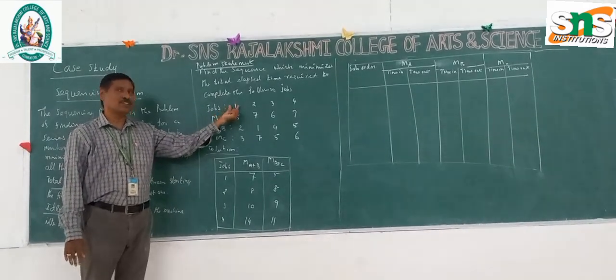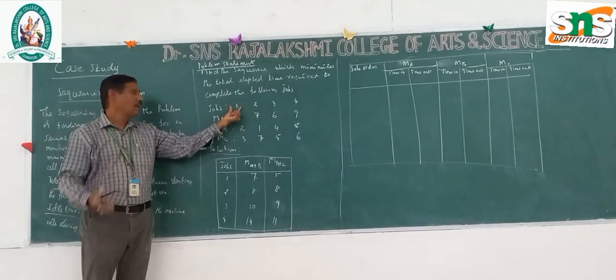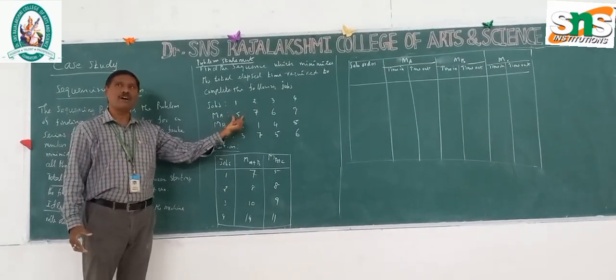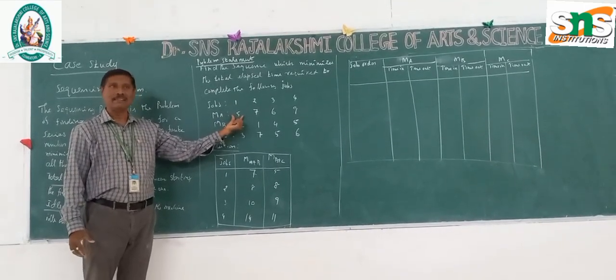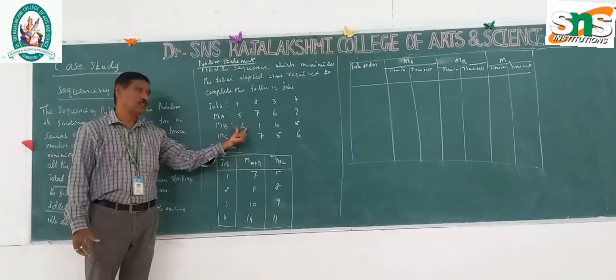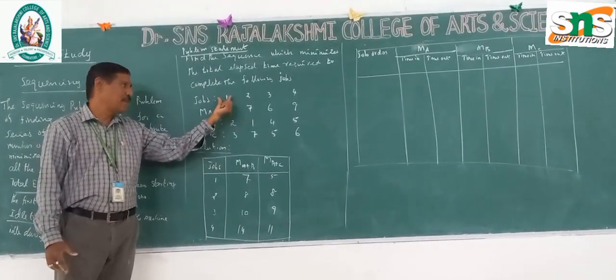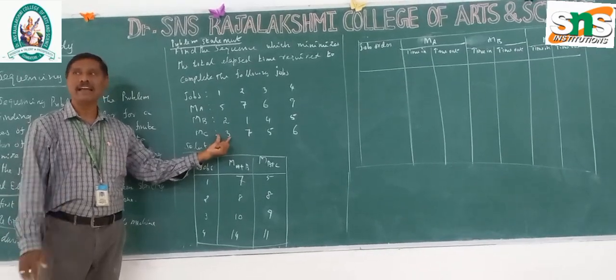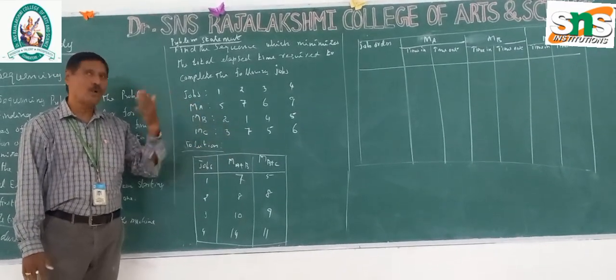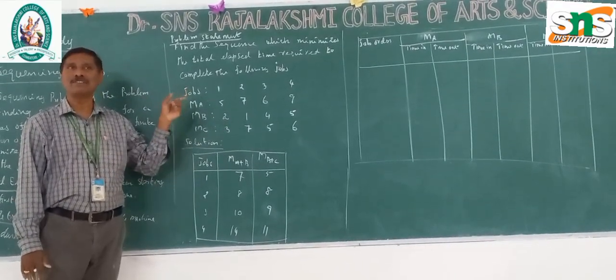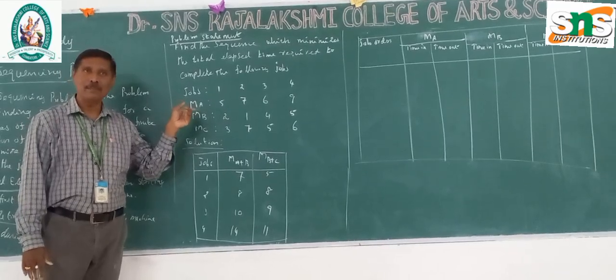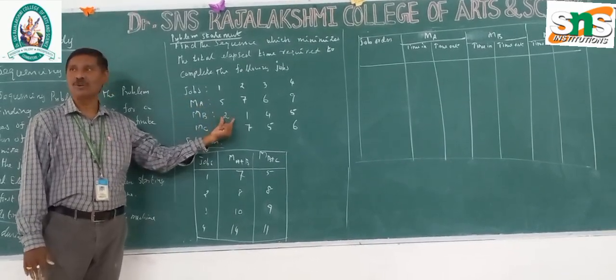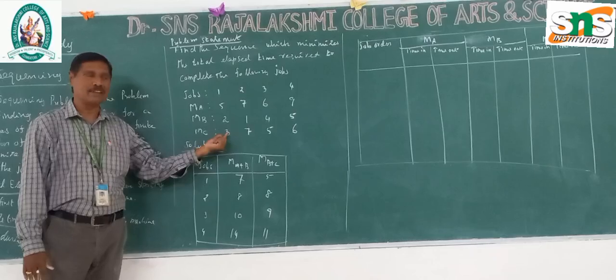Take the first job: on machine A it takes 5 hours, on machine B it takes 2 hours, and on machine C it takes 3 hours. So you would assign the first job to machine B because it takes a shorter duration than the other 2 machines.